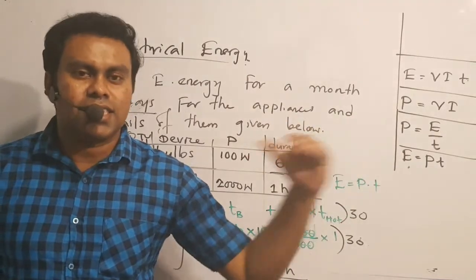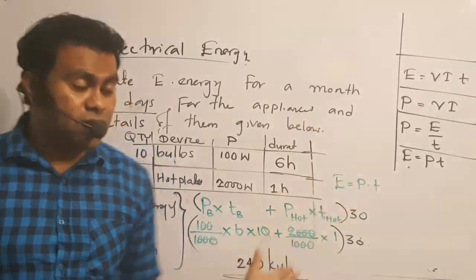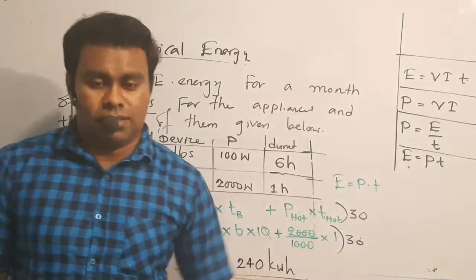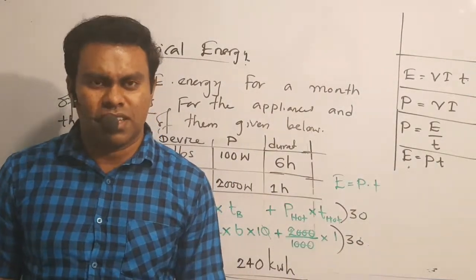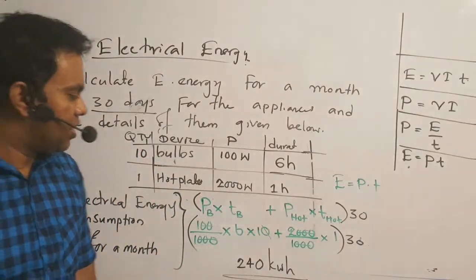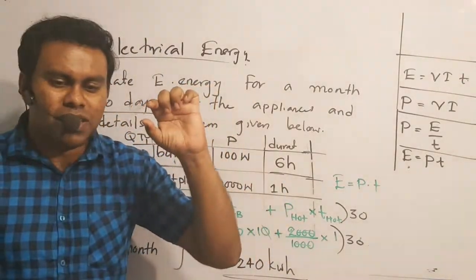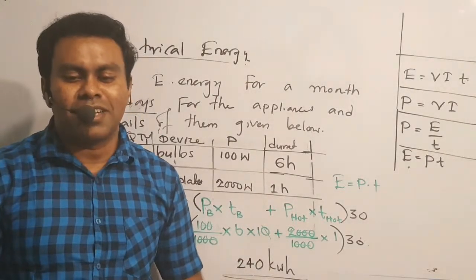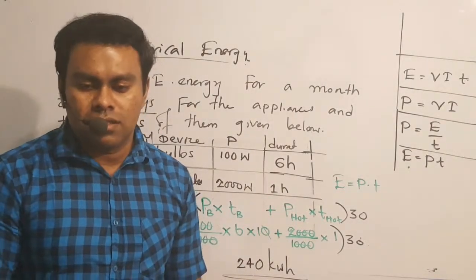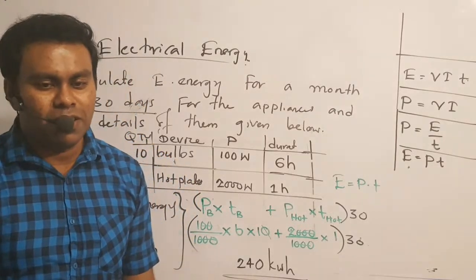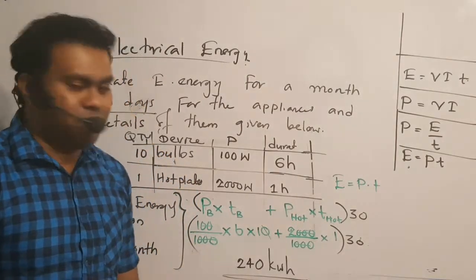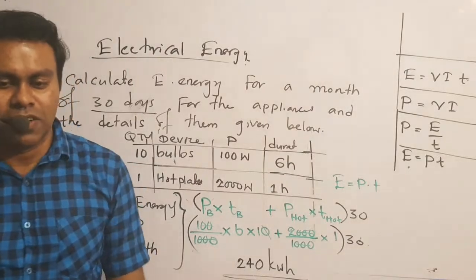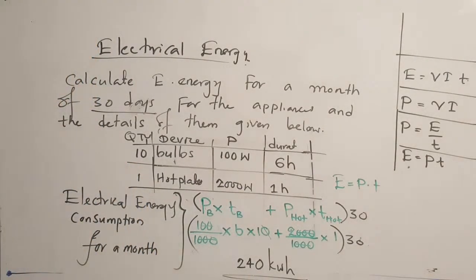If it exceeds 90 units, it doubles the value. There's nothing to worry about: put in the unit values, calculate for 240, and then multiply it by 2. So this is the usual way of calculating domestic electric consumption.